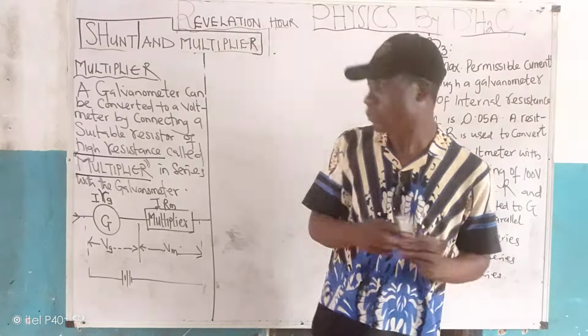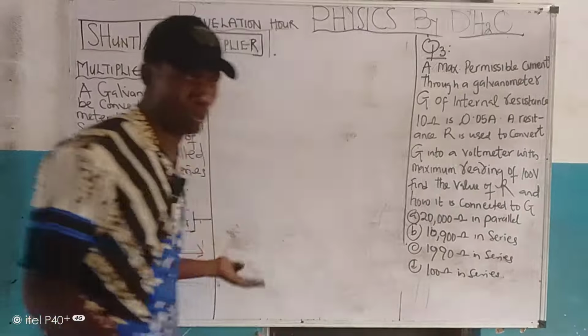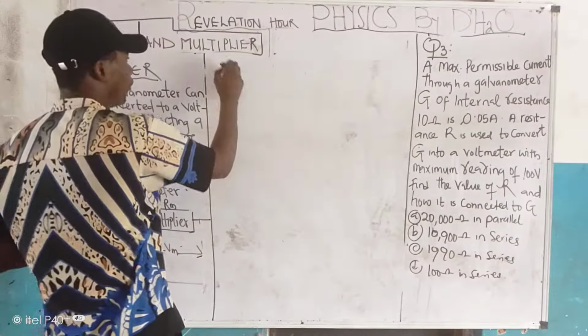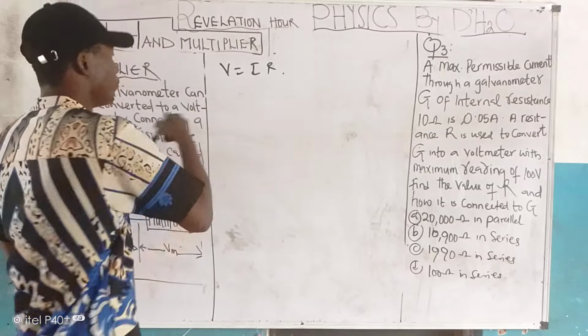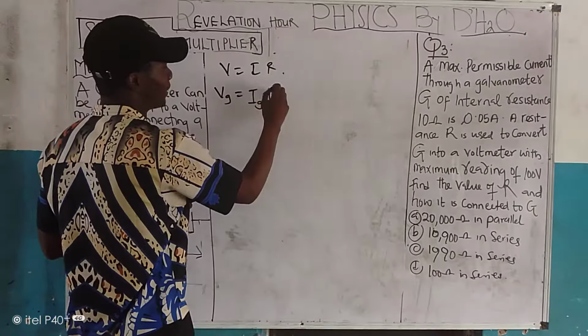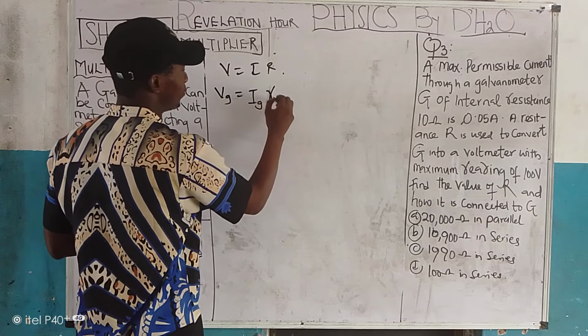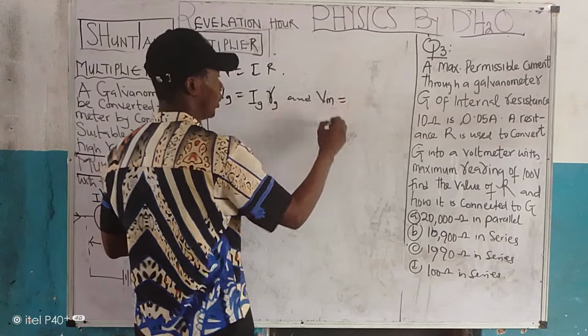But you must know, if you know that the current is the same, it becomes very easy for you. Remember that voltage is I times R. Therefore, voltage in the galvanometer is current in the galvanometer times resistance of the galvanometer. And your voltage in the multiplier is what?